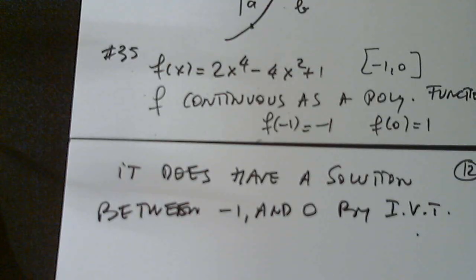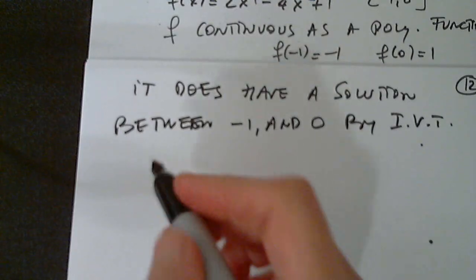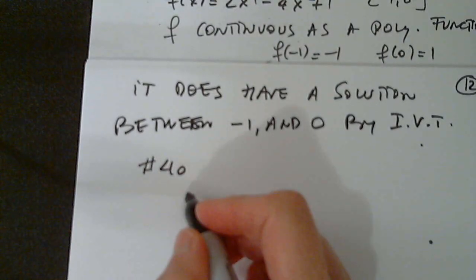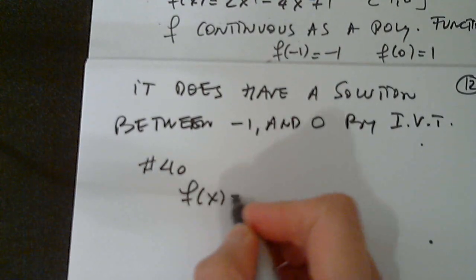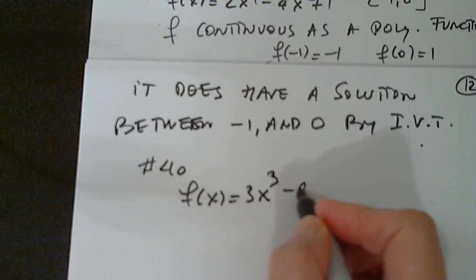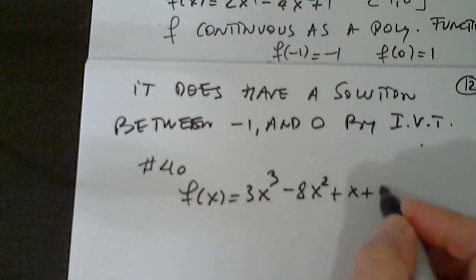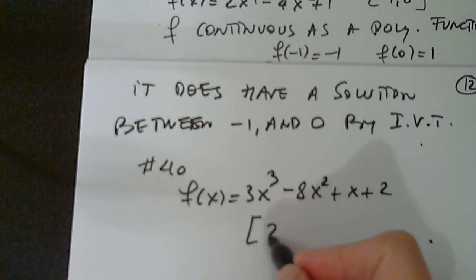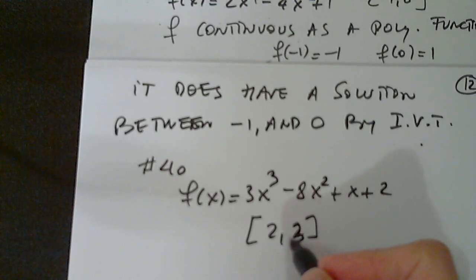Let's choose one more. Let's say 40. The function is f of x equals 3x cubed minus 8x squared plus x plus 2, and they're telling us between 2 and 3.